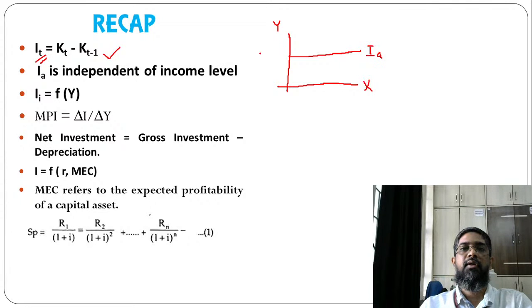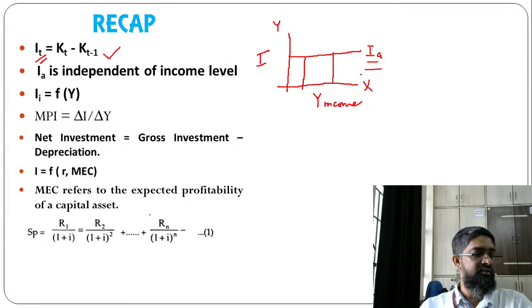And here you will be having investment and here you are having income. Okay, this is your income level. So irrespective of your income level, you are having autonomous investment, that is in fact usually done by the government.